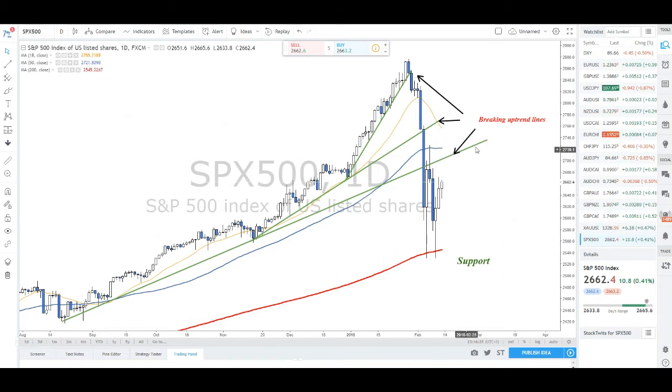Also, besides this broken uptrend line, we have the 50 days MA line that also acted as resistance last week, and it will be interesting to see how the price will react to the price zone between 2700 and 2740. So wait for the pullback, and then if you want to short SPX, that's where you should look for weakness signs.